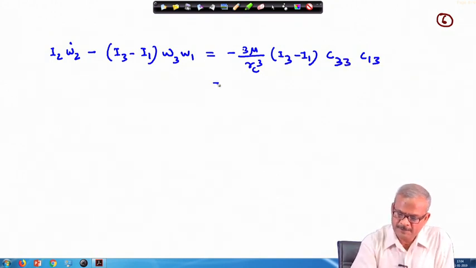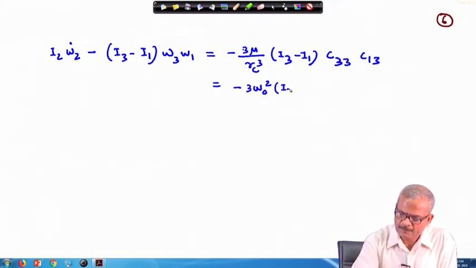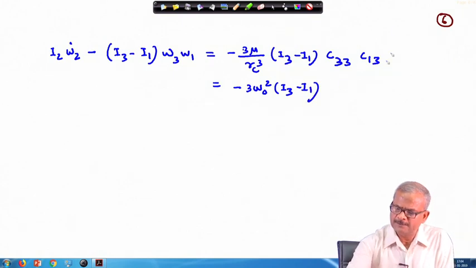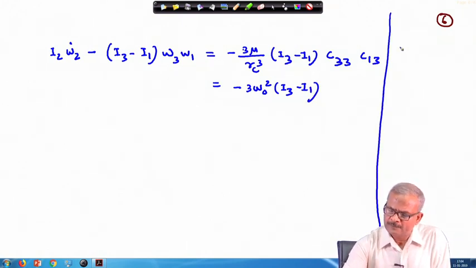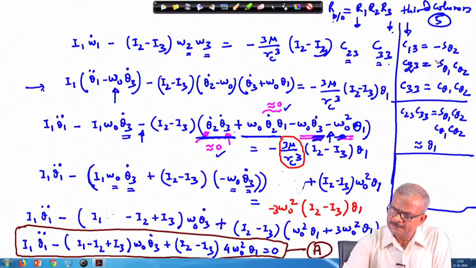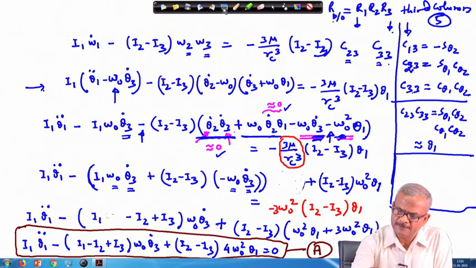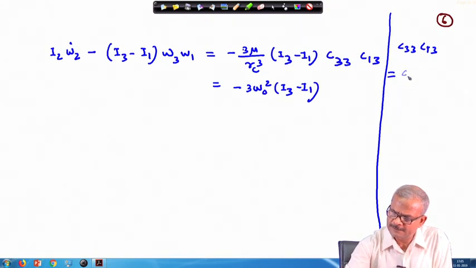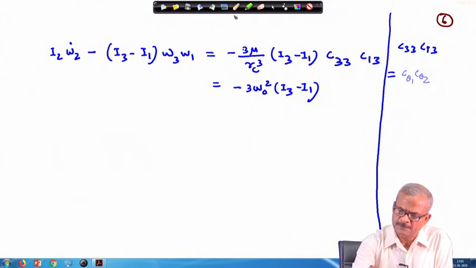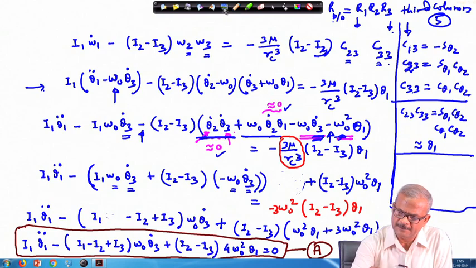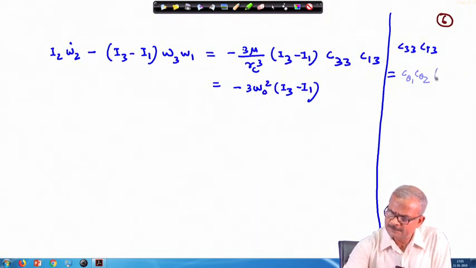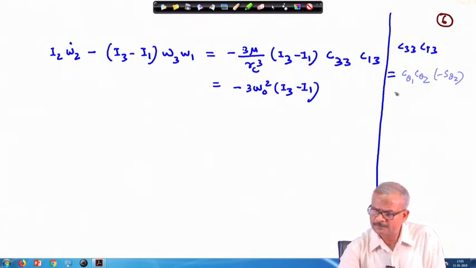And this part we are writing as 3 omega 0 a square (I3 - I1) and C 3 3 times C 1 3. How much will this be? C 3 3 is C theta 1 C theta 2, and C 1 3 is minus S theta 2. So, this is minus S theta 2.